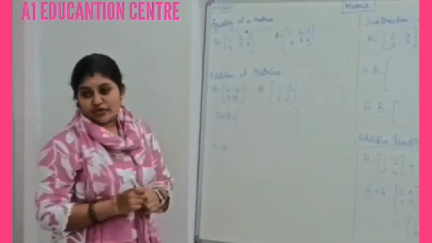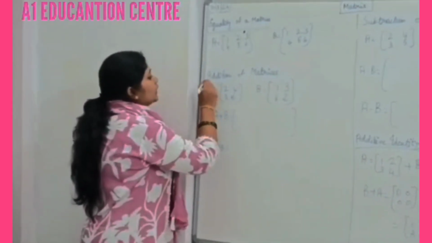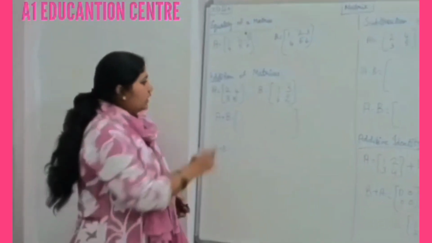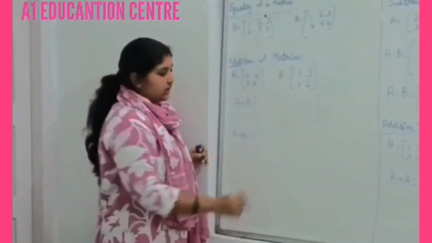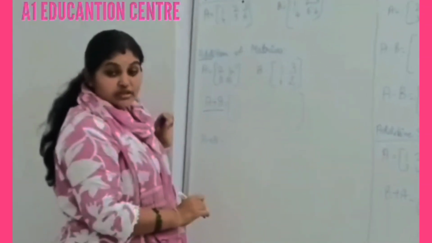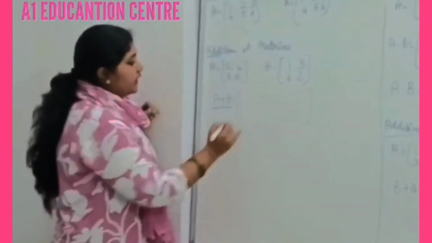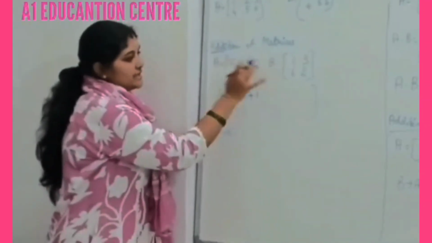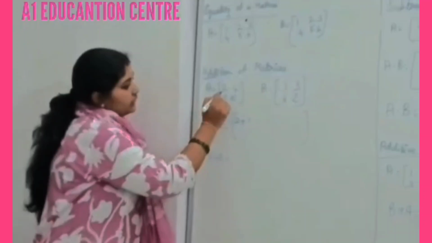So addition of matrices. What do you mean by the word addition? The word to add. You're going to add A and B. So now they are told A plus B. What you are going to do here? 2 plus 1, the first row and first column.